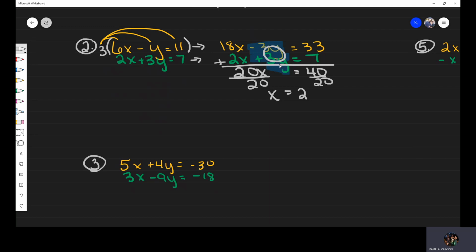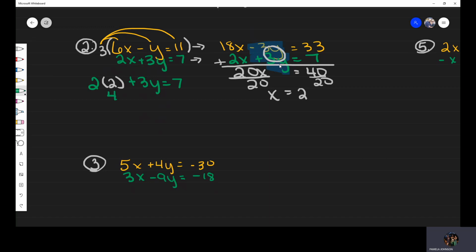Now I could take that 2, substitute it into either of my original equations. Just because I like smaller numbers whenever possible, I'm going to substitute it into the green equation, into the bottom equation. So 2 times 2 plus 3y equals 7.